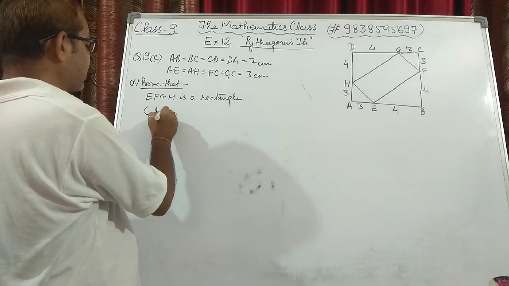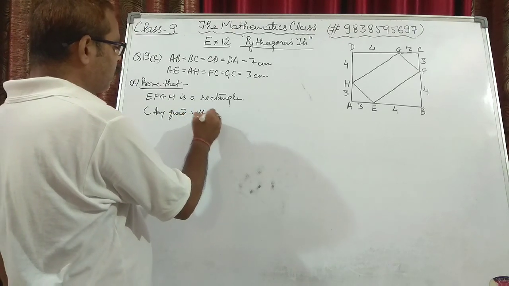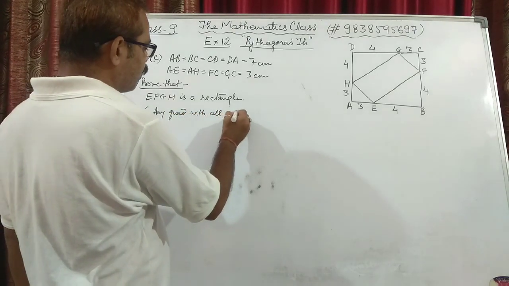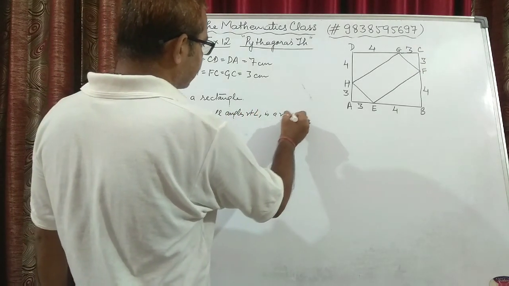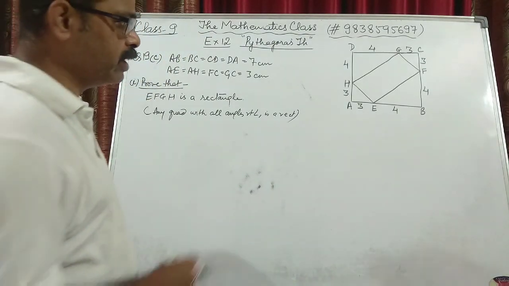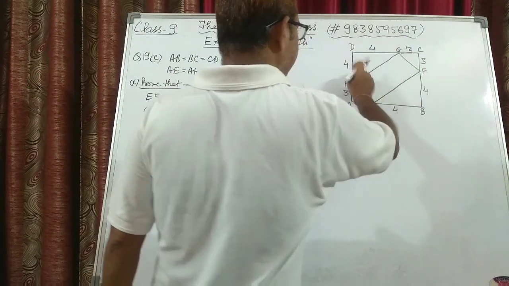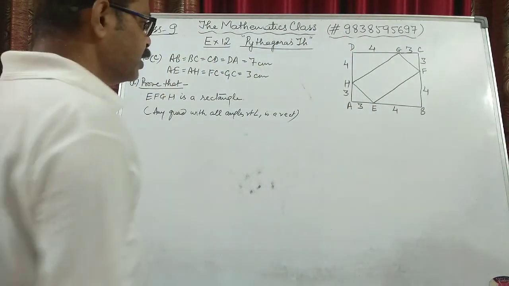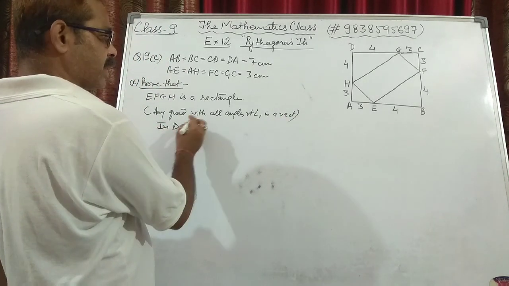Means any quadrilateral with all angles right angle is a rectangle. So our main focus should be in proving angles E, F, G, H as 90 degrees.